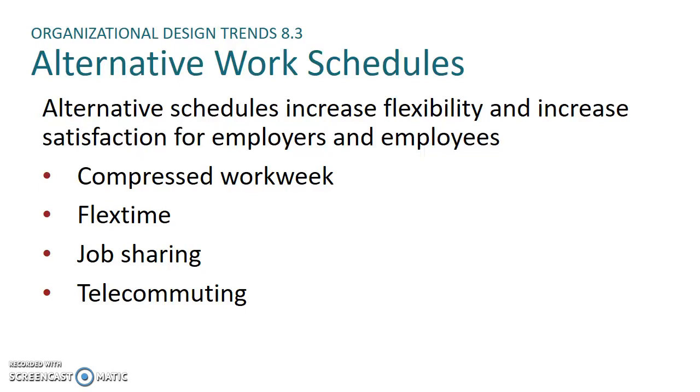Those are another trend as far as alternative work schedules. This really helps with providing work-life balance and reduces stress for employees. And as a manager, if you provide a happier and more productive workforce, then hopefully that increases productivity.